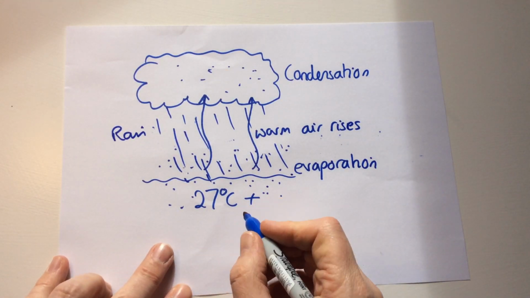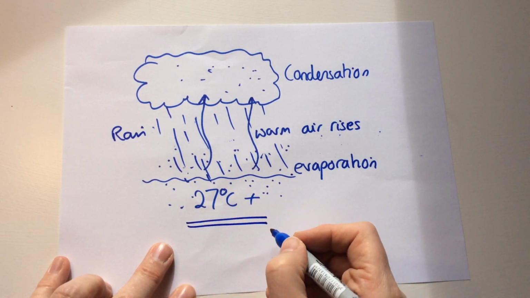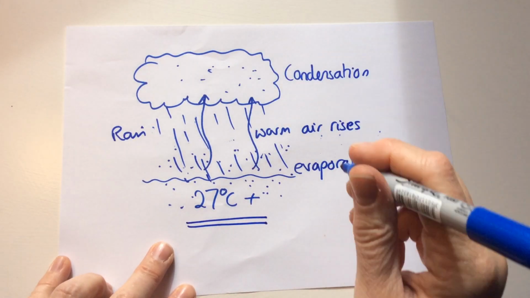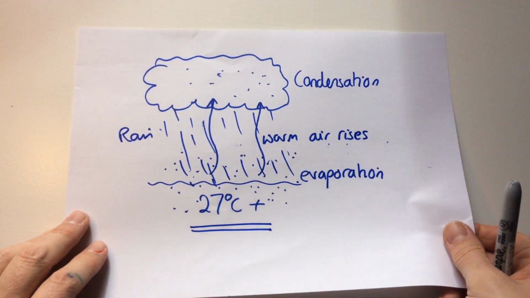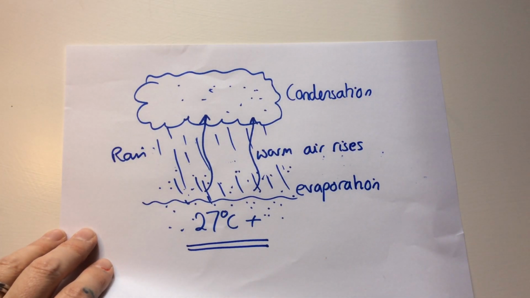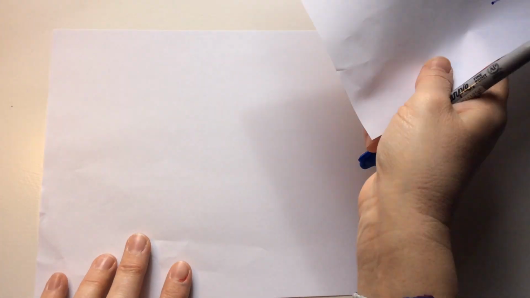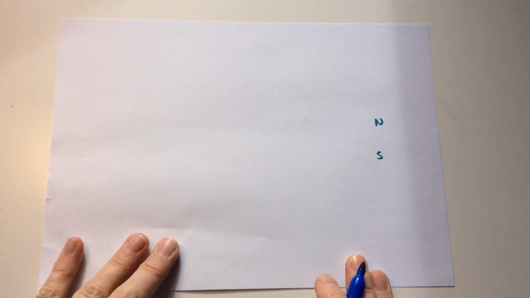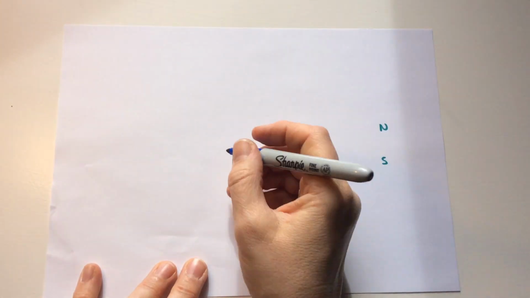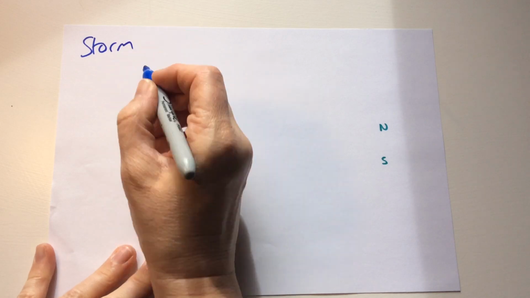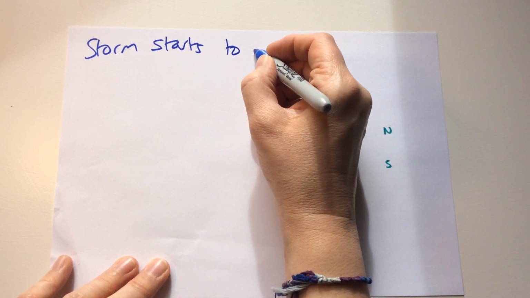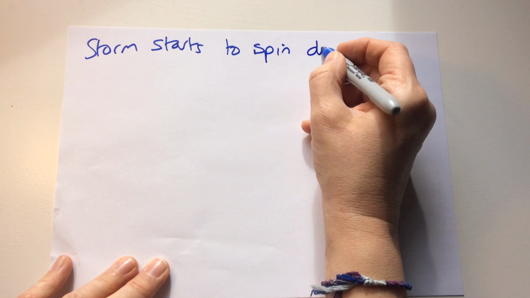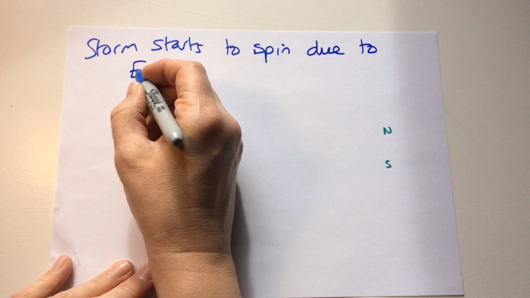Now, because the water is so warm, it's making this happen very, very quickly. And over time, what may happen is that you may get a tropical storm starting. Now, as that's all going on, the storm starts to rotate, to spin, due to Earth's rotation.